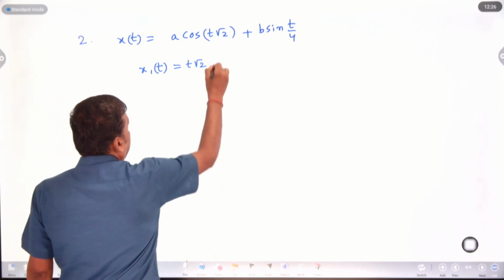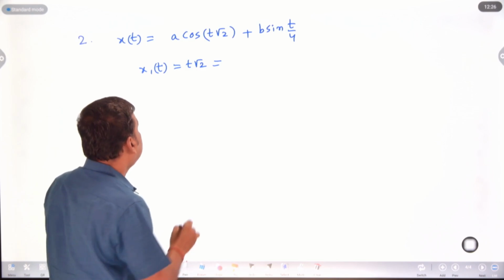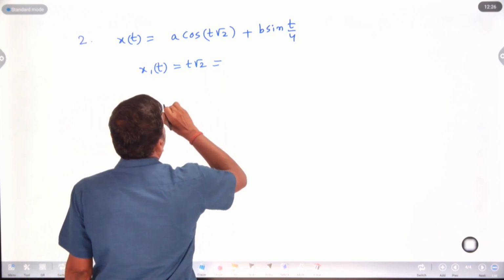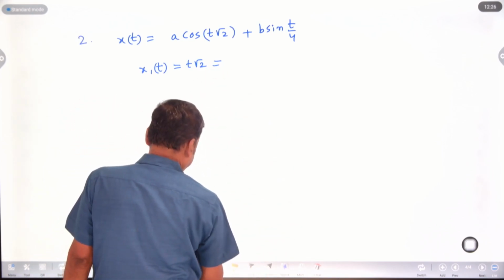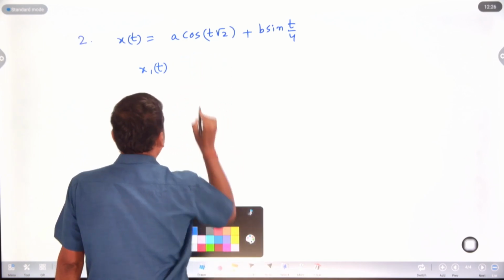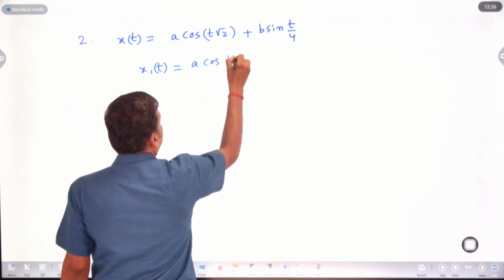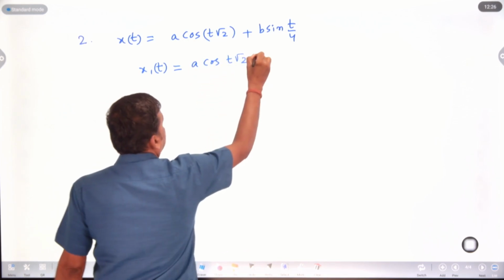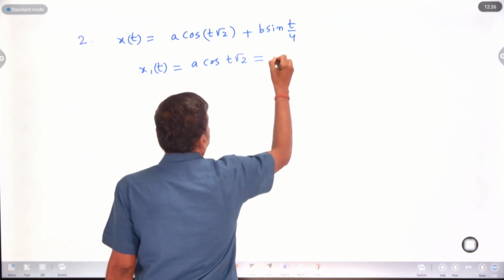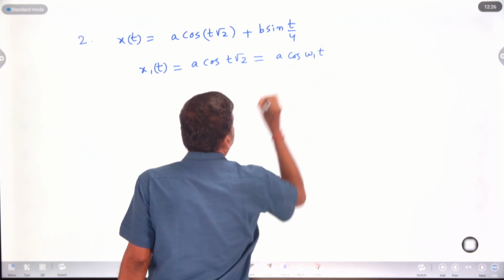We are going to calculate the fundamental frequency or fundamental period. x1 of t equals a cos of t into root 2, which we can say is a cos omega 1 t.